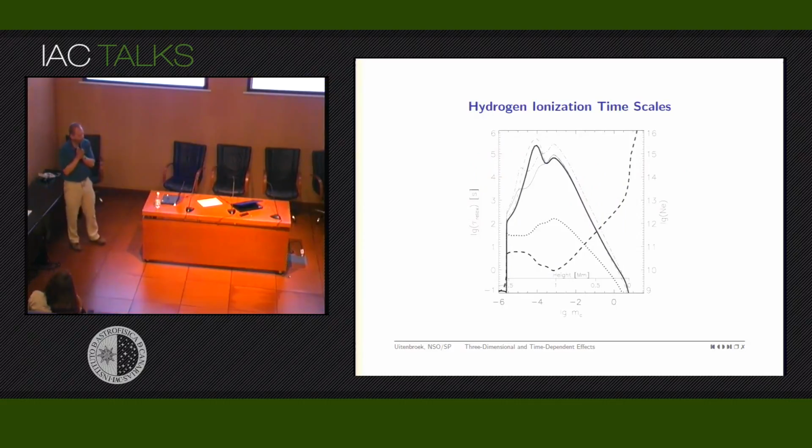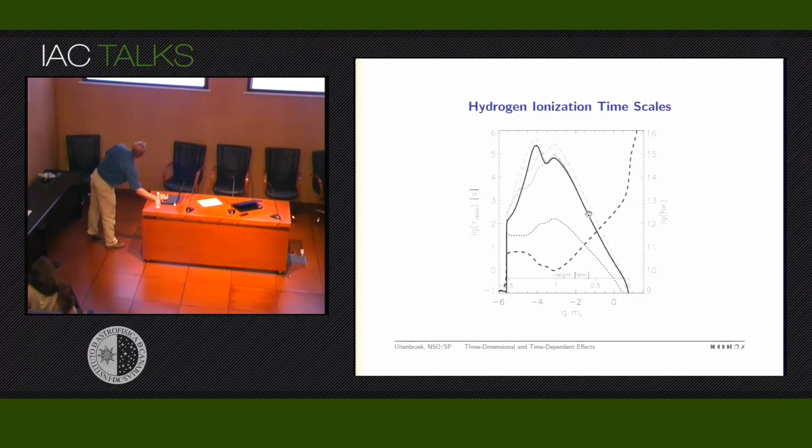Now, as I mentioned, the recombination, which is a three-body process, is very density sensitive. So when you look at the relaxation timescales, which are plotted here, these curves are for different approximations, but that's not so important.